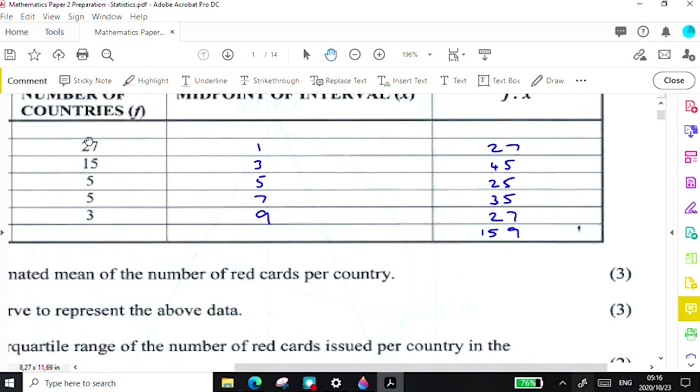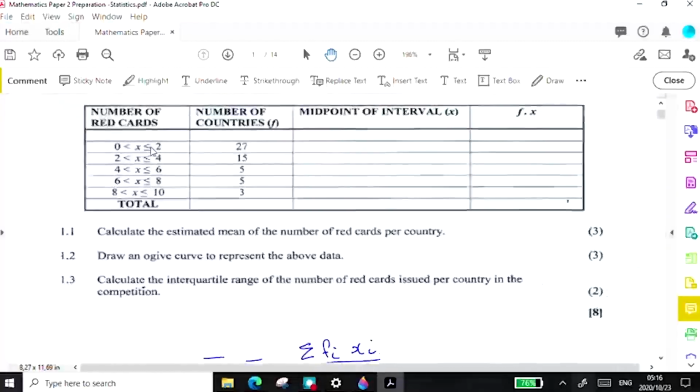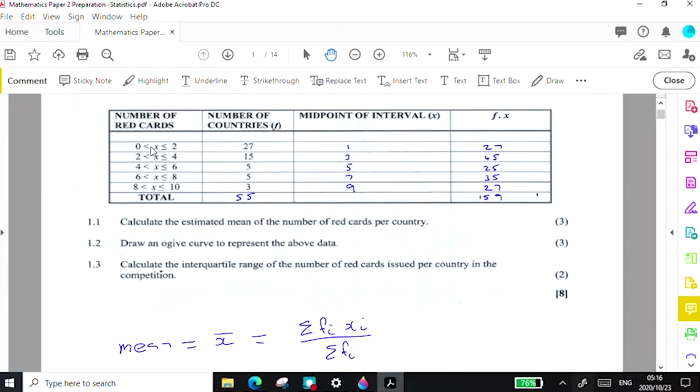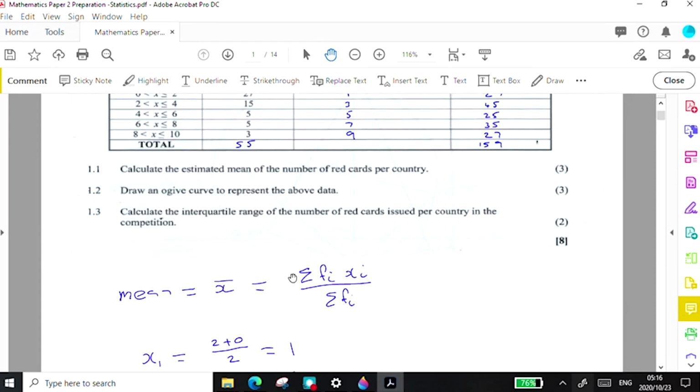Adding all these values, we should get 55. Our interests are in these two values, the sum of all the fi times xi and the sum of all the fi, to get the mean.